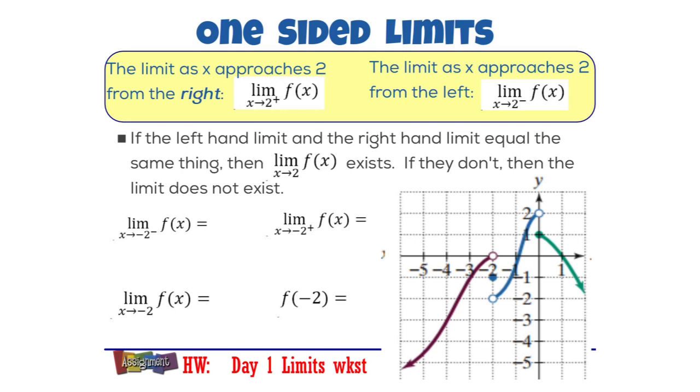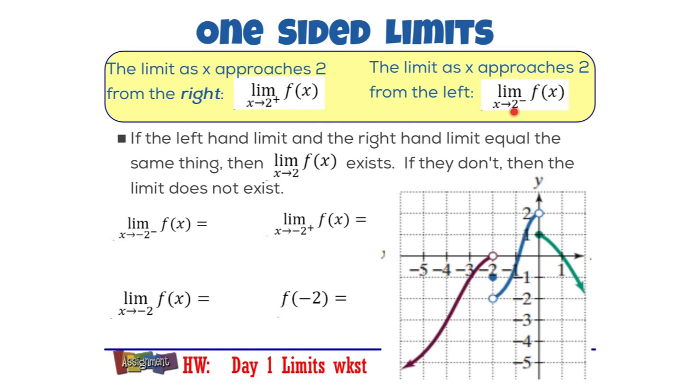What you can do is look at a one-sided limit, the limit as x approaches a particular number just from the right. This is the way that's written. X approaches 2, and then we put a plus sign here to say we're only looking at the right side. If we're coming in from the left, then we put a little minus sign. Notice that it's not a negative 2.